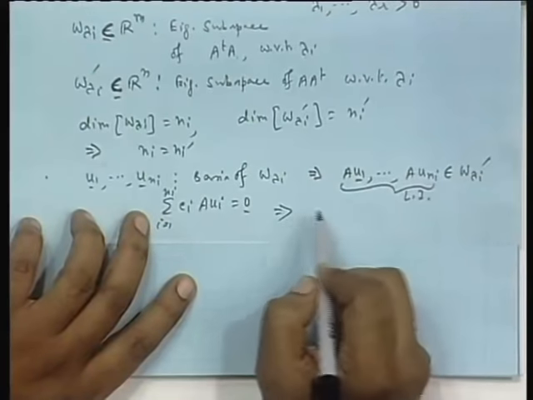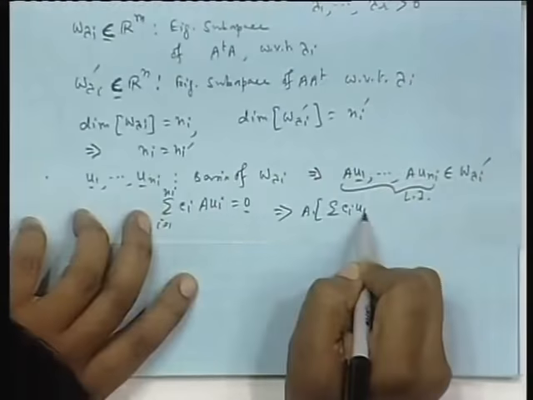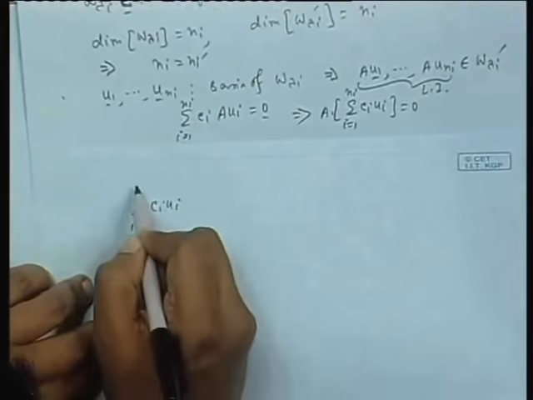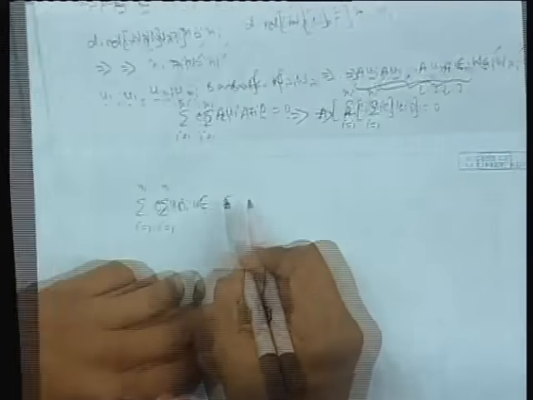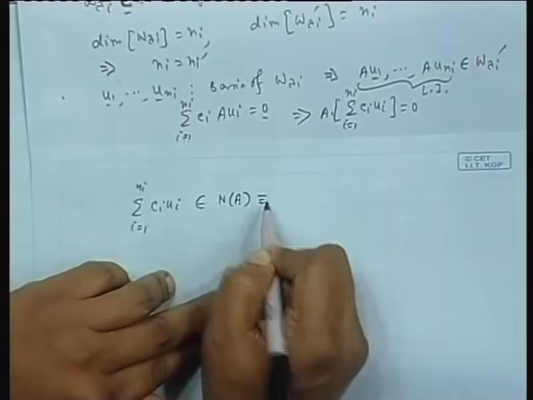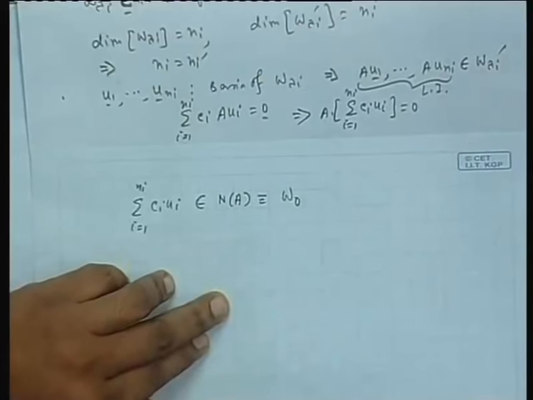This you can write as A on the sum of C I u I, I equal to 1 to n I, which should belong to what? The null space of A. What is the null space of A? Null space of A means W0, that is the eigen subspace corresponding to the eigenvalue 0.